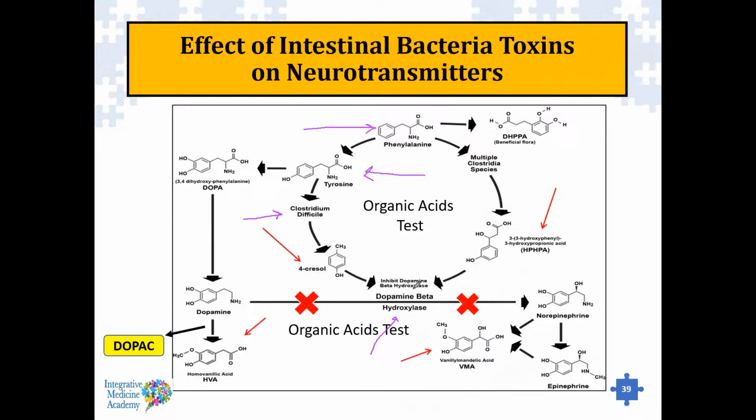Well, you could end up having a really catastrophic problem, because the more you block dopamine beta hydroxylase, the more you drive up dopamine, the more you're going to drive up HVA. At the same time, you probably also start to see an increase in DOPAC as well.